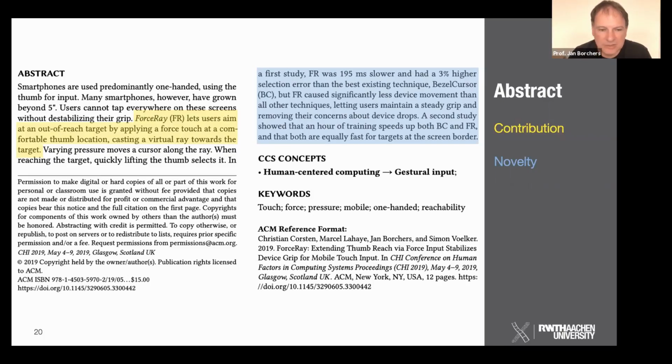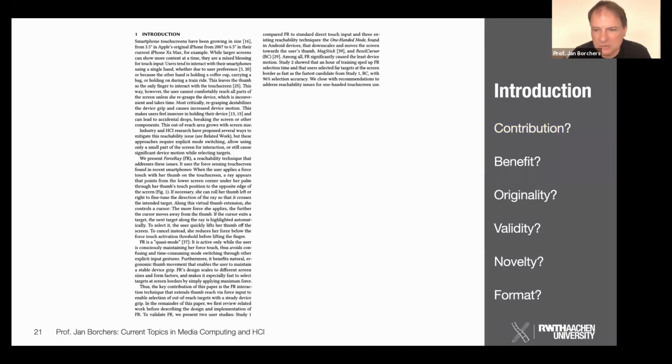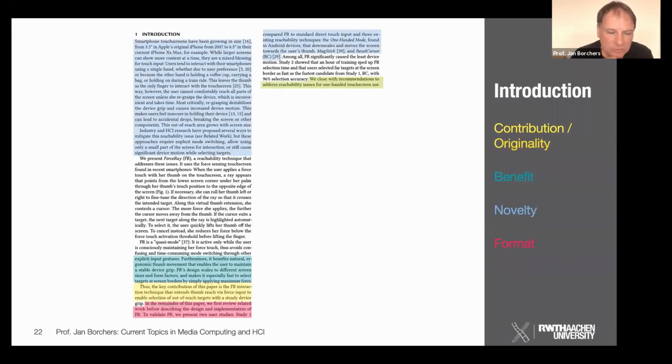Now, after that comes the introduction, right? And I don't want you guys to read through all of this, but I want to show you where things sit here. The introduction typically gives you a very quick summary of what the problem is that we're looking at, motivating it, and thereby also saying what has already been done and why we're doing this new work, right?